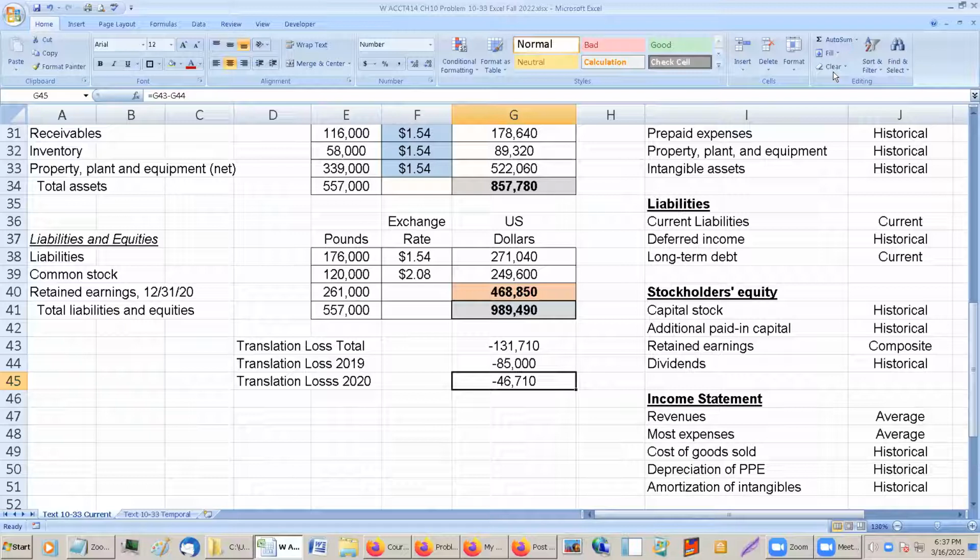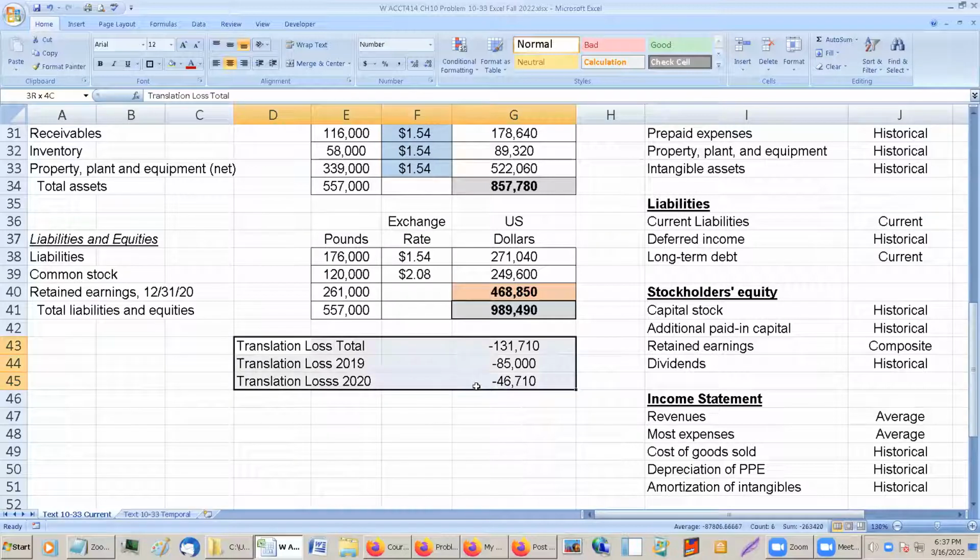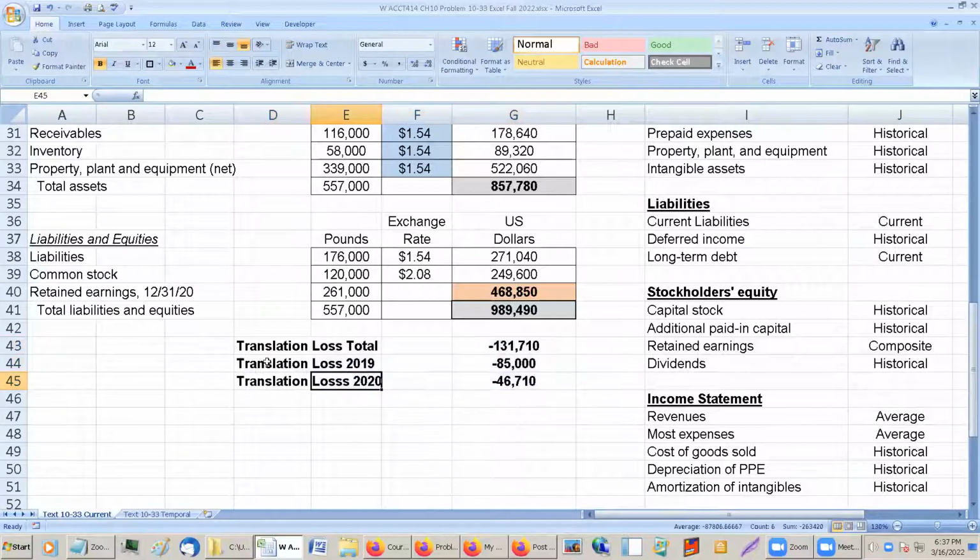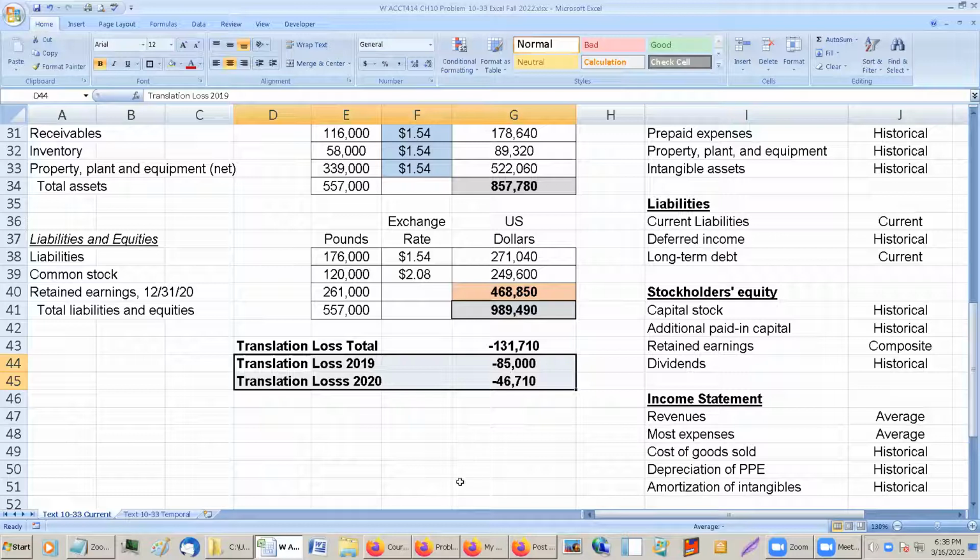It's sort of like a second income statement that has a few more things on it. So this would be the actual adjustment that they would book for this year, because the 2019 amount would still be there from the previous year.